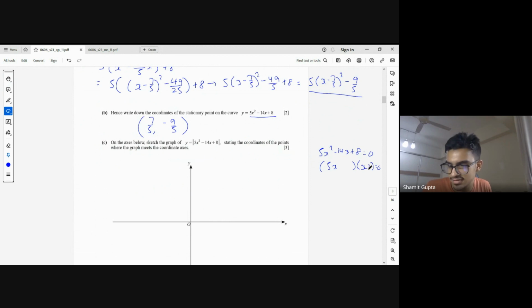So I'll get x minus 2, 5x minus 4. So x equals 4 over 5 and x equals 2. Or you might need to use the quadratic formula, but in this case, you don't. You can also just use your completed square form and make it equal to 0. That also works. So you have 4 over 5, 0 and 2, 0. And your y-intercept is going to be 0, 8.